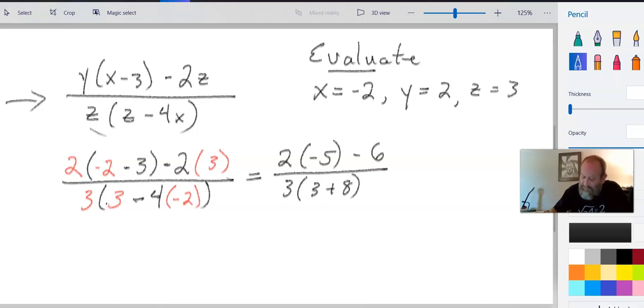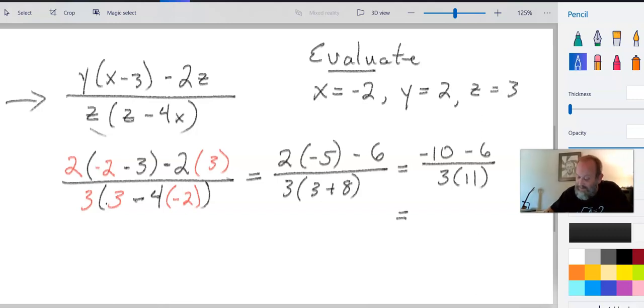All right, so we've simplified this down a little bit. So let's keep going here. If I do one operation on the top, 2 times negative 5 is negative 10, minus 6. And then down here, 3 plus 8 is 11. So this is now 3 times 11. And then we'll go ahead down to the next line here and finish our last step for each one of these.